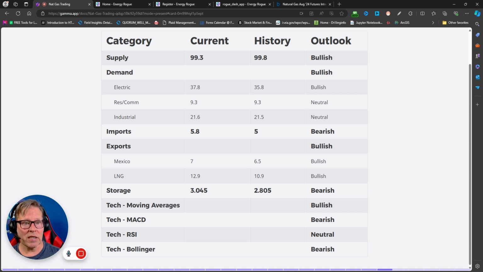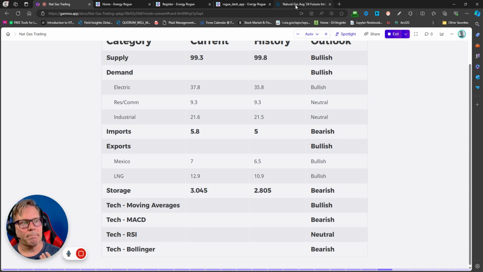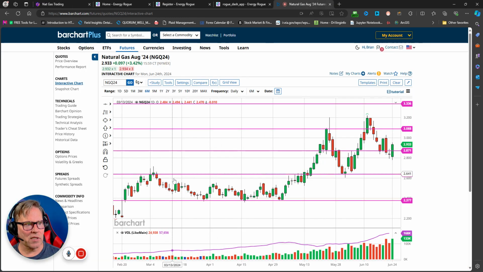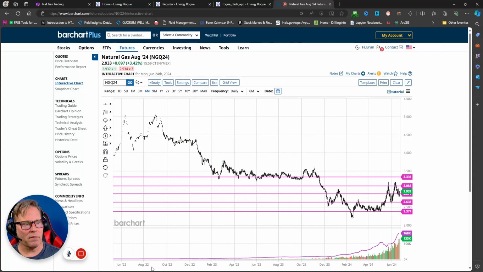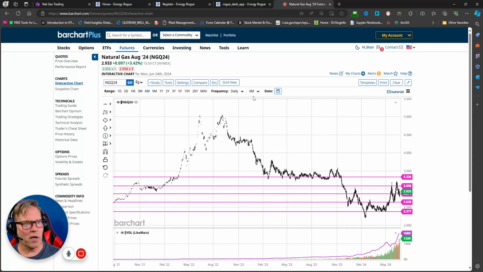My favorite is usually MACD because that's what I found as a more consistent signal, but not by itself. I need to understand the fundamentals and I need to understand what is happening. And I'll give you an example of if you look at the technicals and the technicals only, you will get very confused. And this is what I mean.